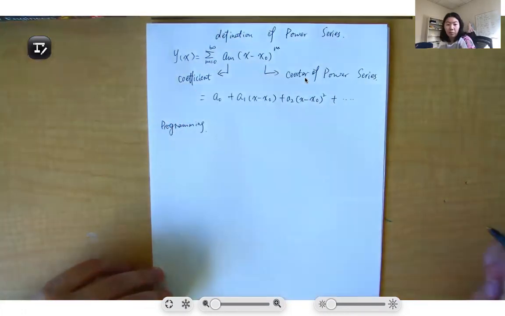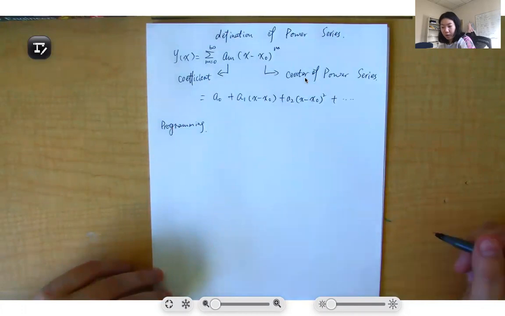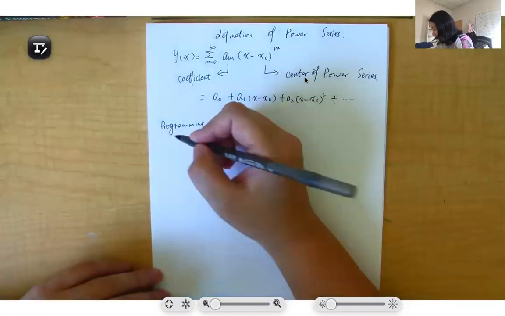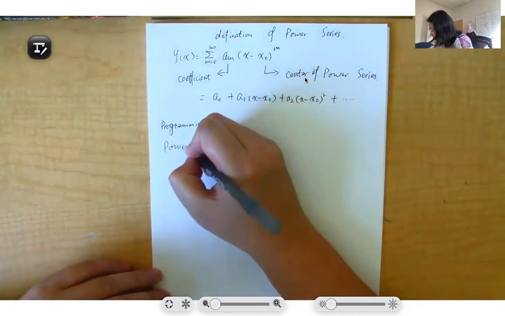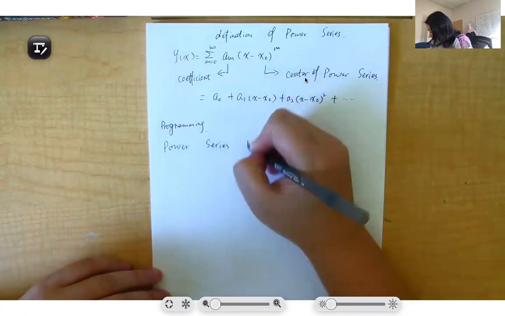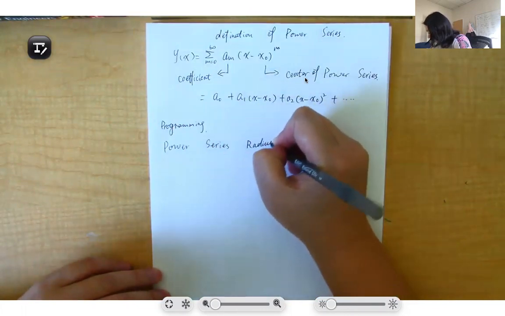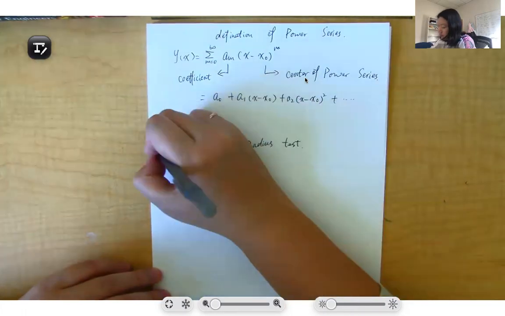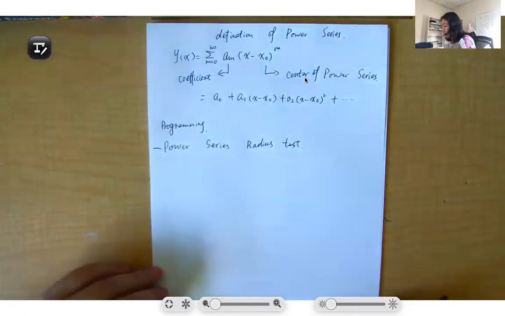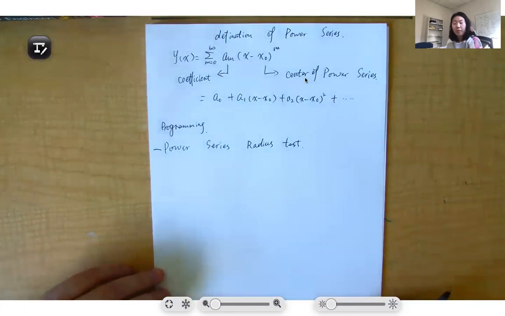Before we talk about the programming, I want to introduce one topic, called the power series radius test. Because this is very important for a power series, whether it can be programmed or not.